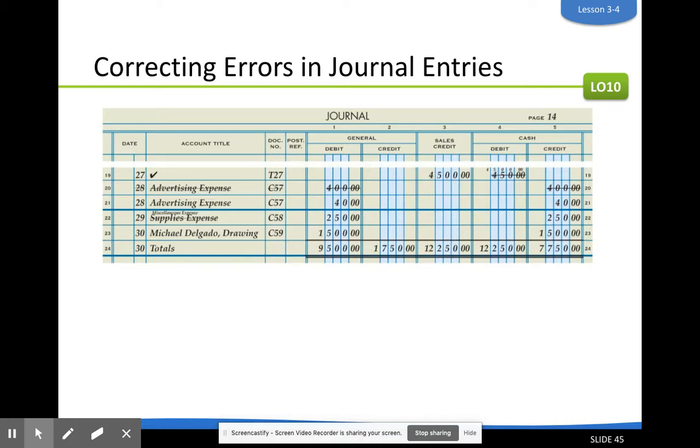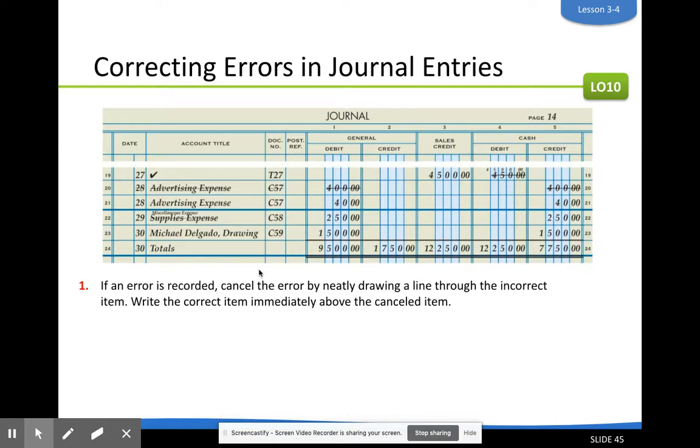So the first situation, right here on the 28th, you could see that we have 400 crossed out. So we had debited advertising expense for 400, credited cash for 400.